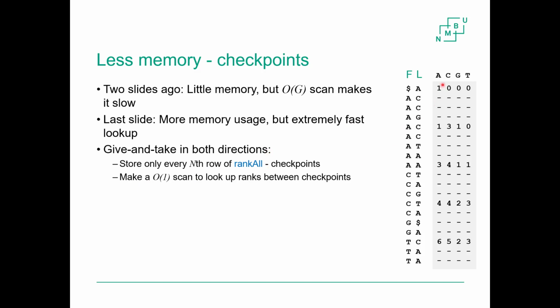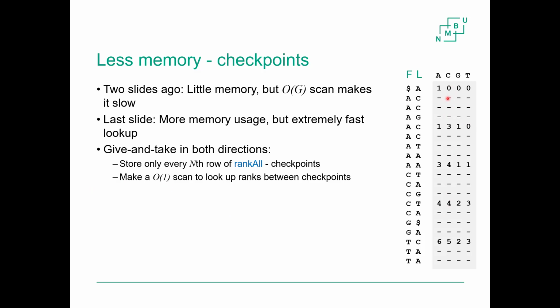So we don't actually store all the ranks in this rank matrix. We only store some checkpoint ranks, as we call them. So you can see every nth rank is stored, and the rest are not stored. So we save a lot of memory. This matrix becomes smaller because we can throw away these rows.